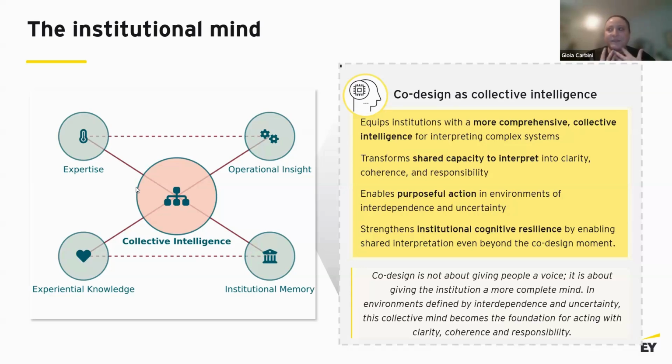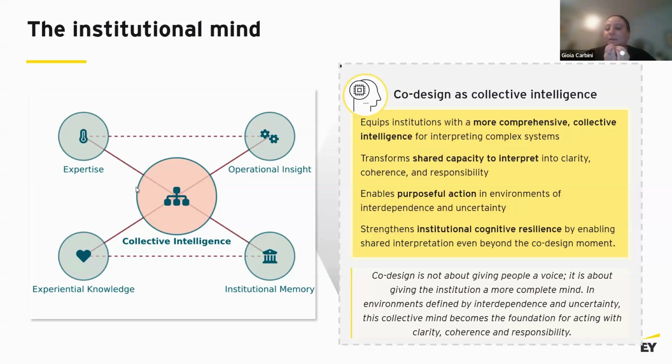reality. So, in my perspective, the insight that truly ties everything together is that co-design works to give the institution a more complete mind. So, in environments that are defined by interdependence, uncertainty, etc., the shared capacity to interpret the system becomes the foundation for acting with clarity, with coherence.